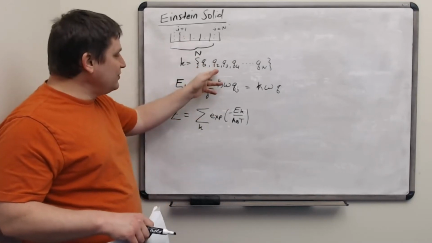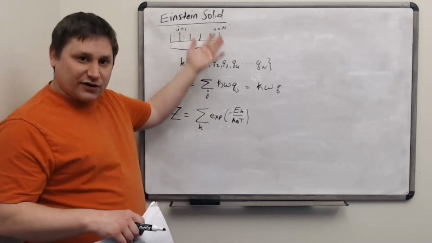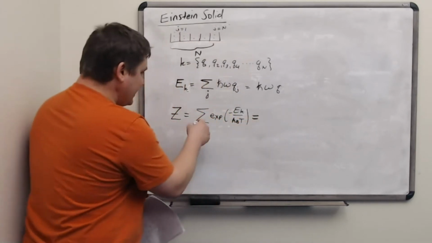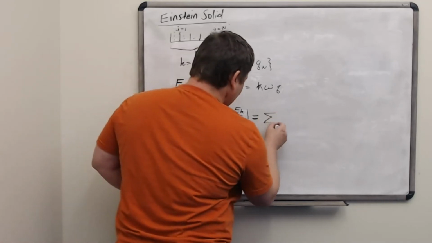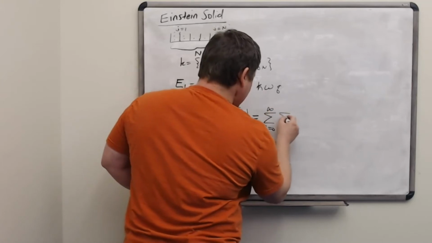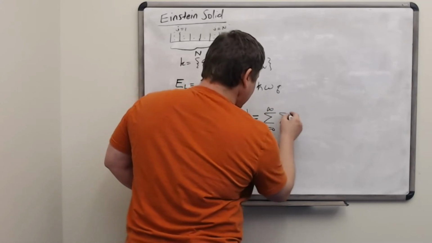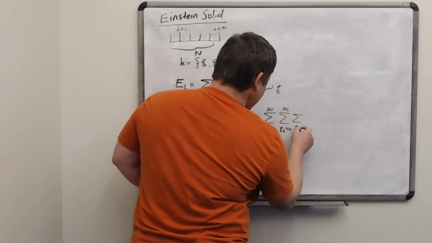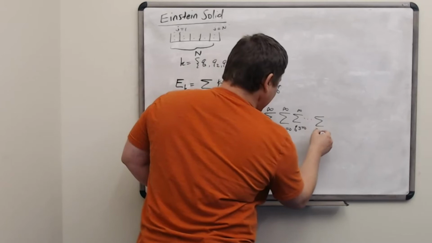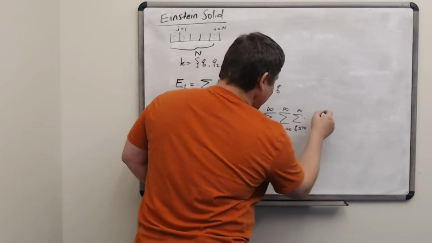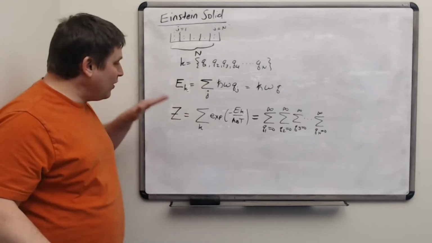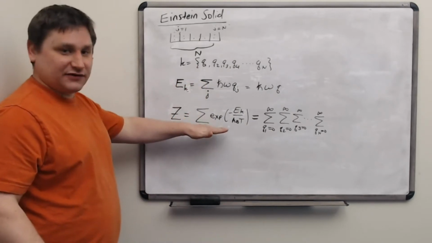The value for q2 could range from 0 to infinity, and those would all produce unique microstates. So our sum here over k is really talking about a sum over q1, a sum over q2, a sum over q3. This is all the possible ways to give any q values that would be different from each other. And they can go all the way up to infinity. We sum over all possible microstates here.